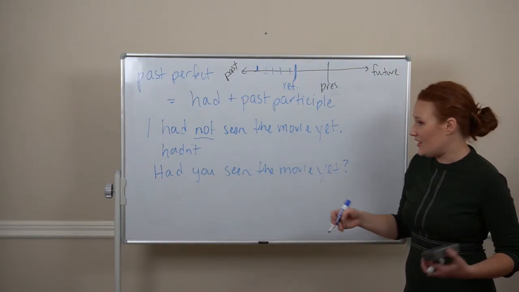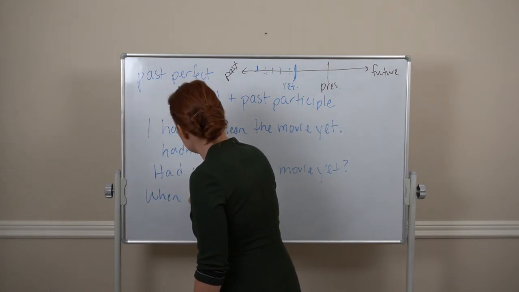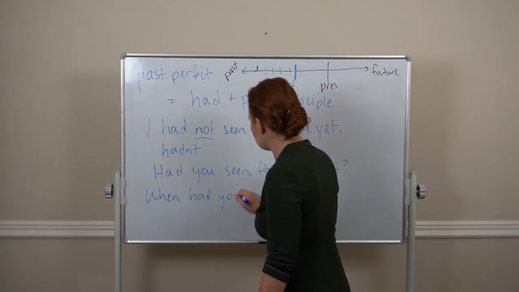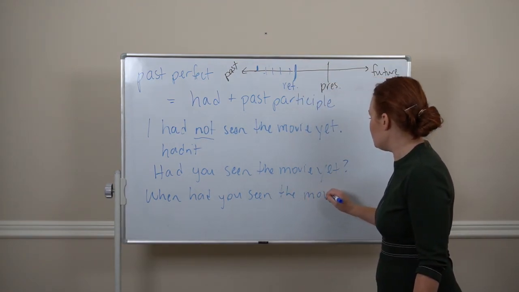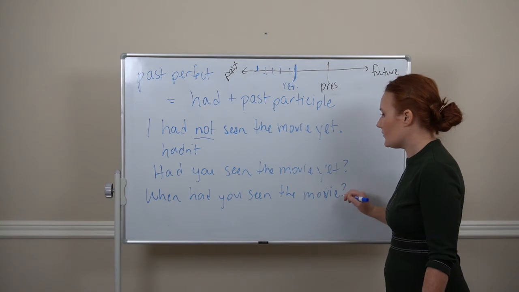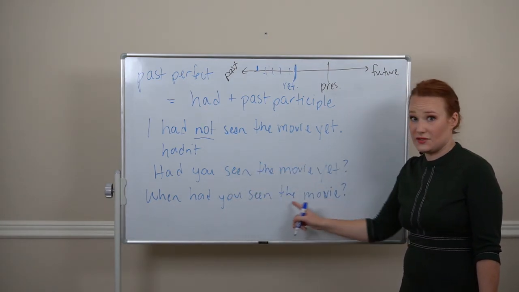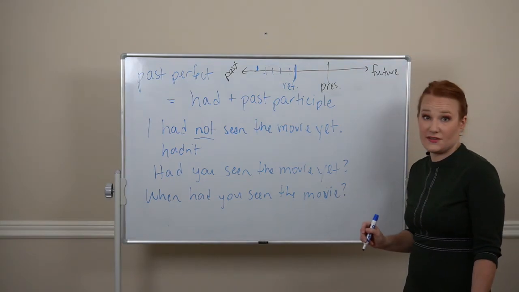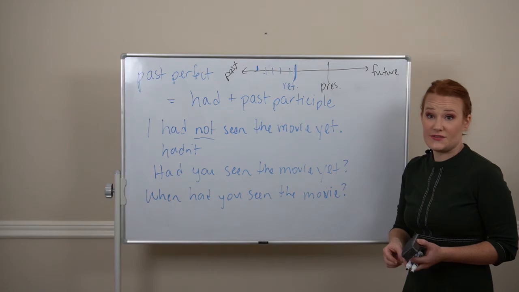And for an information question, when had you seen the movie? So, question word, auxiliary verb, subject, main verb, object or other. When had you seen the movie? So, follows all the same rules as everything else we've talked about.